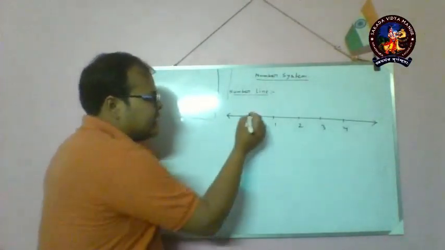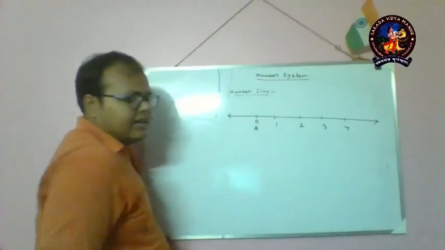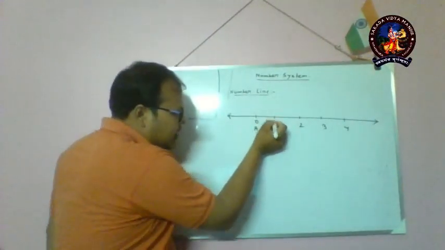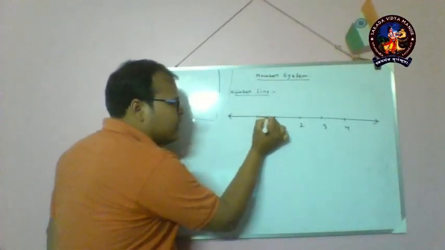Let's take 0 as our point A, and let's take 1 as our point B. So we have taken the length of 1 unit.